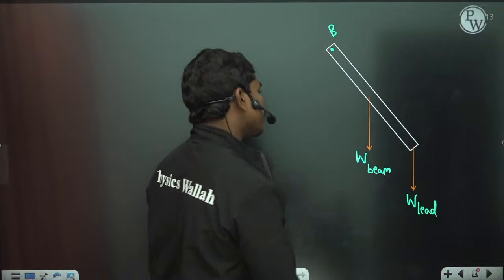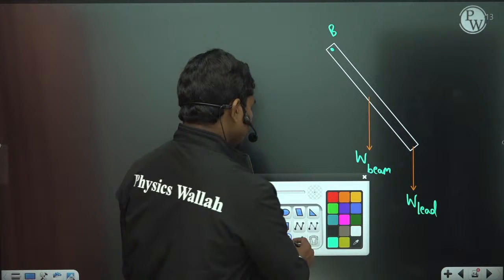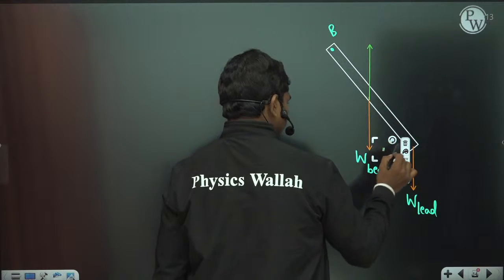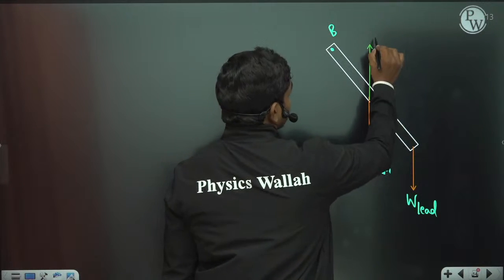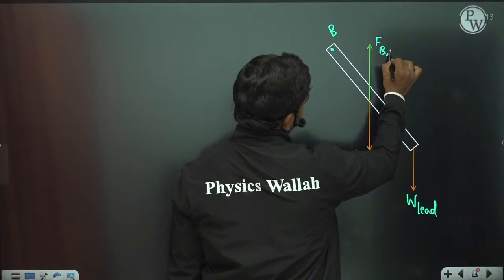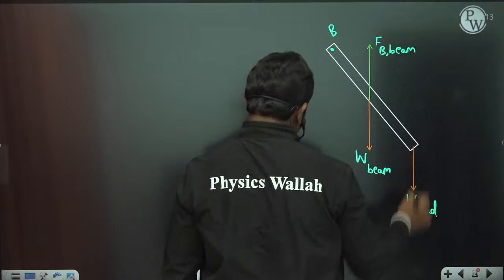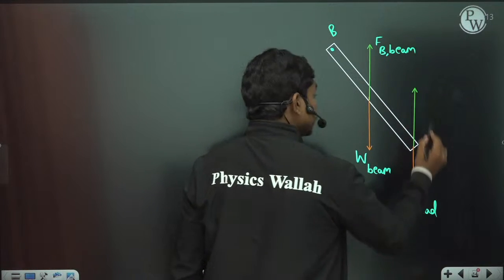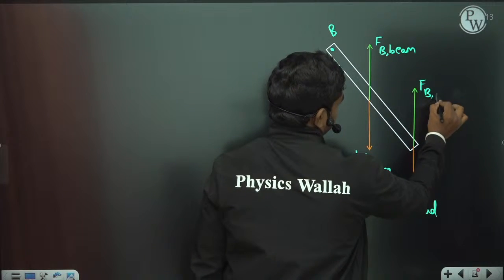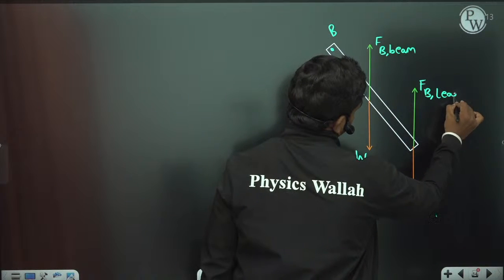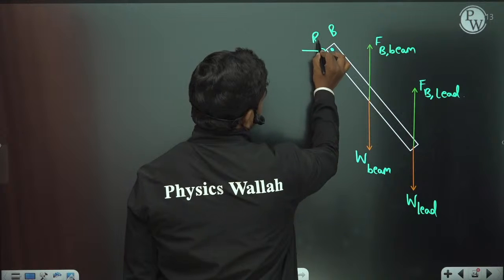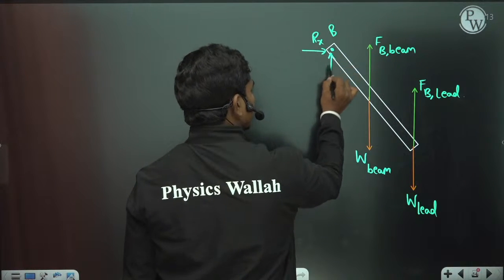Now similarly, there are buoyancy forces acting. The buoyancy force acting at this location is F buoyancy on the beam, and similarly at this location you have F buoyancy for the lead. And of course, at this hinge you have the reaction forces Rx and Ry, which pass through the moment center.